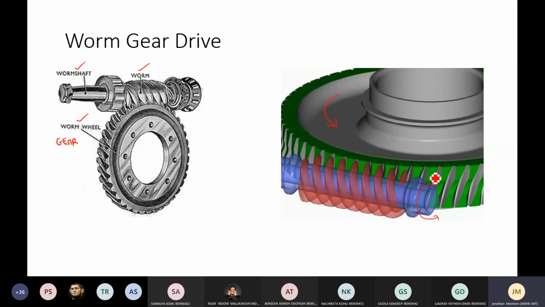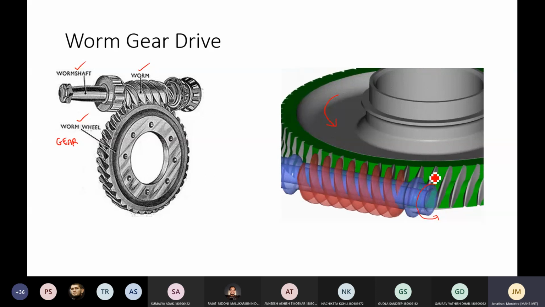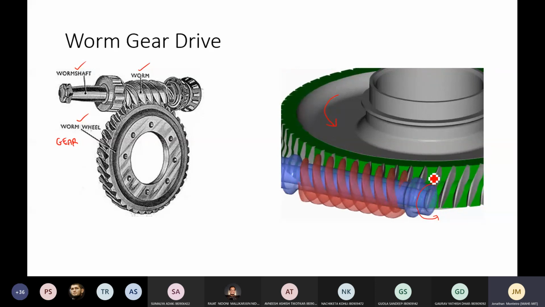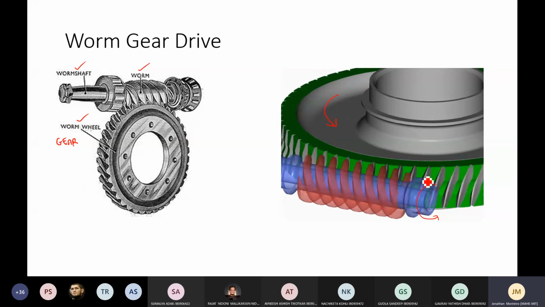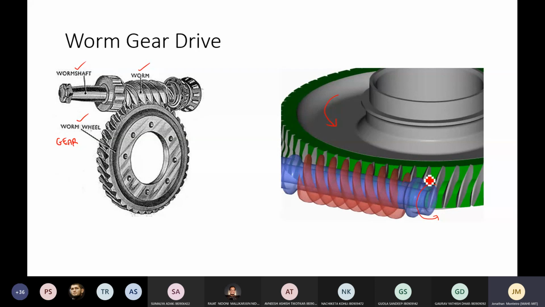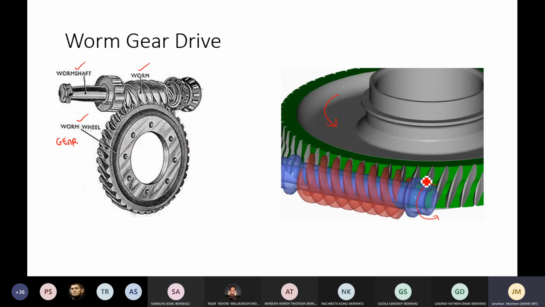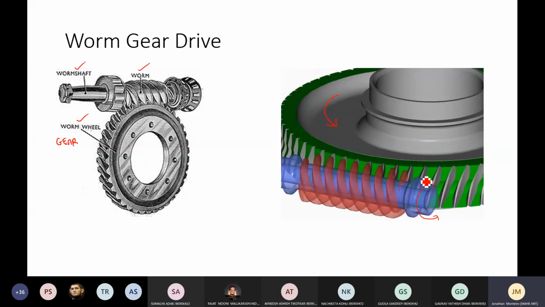Application wise, this is a very beautiful case where you want very high torque from a very low torque application. Something like you want to fetch, pull or elevate an object from the ground of a very high capacity using just hand power. So this is one of the very beautiful examples.